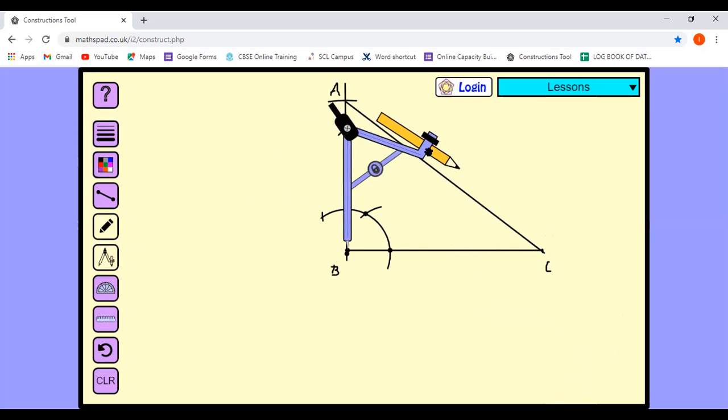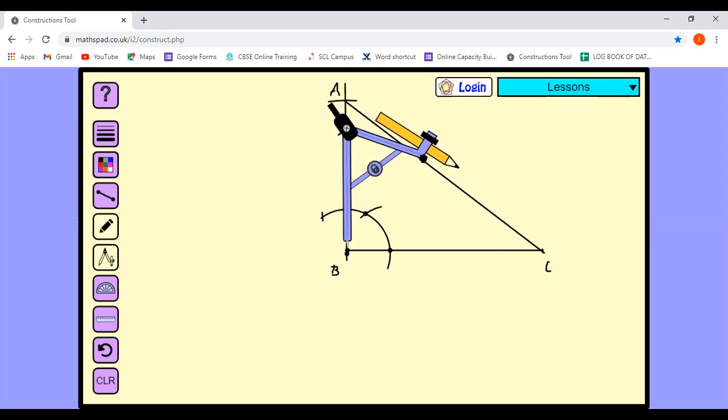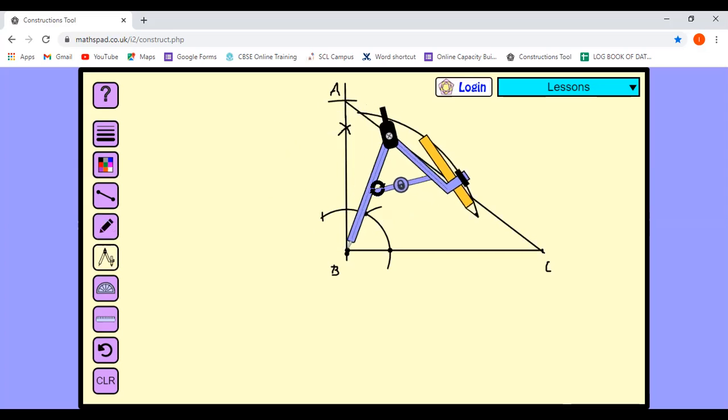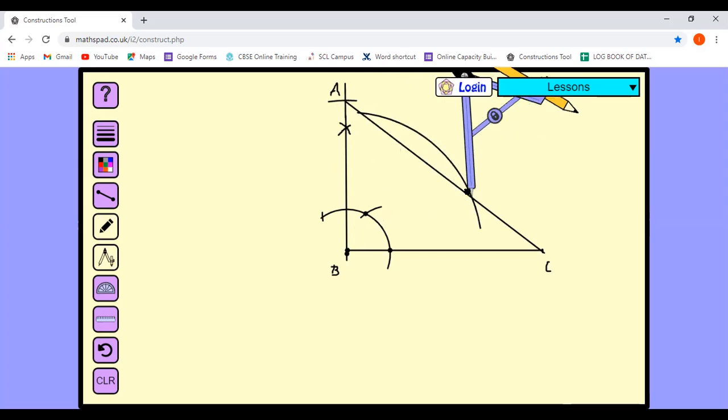If you're taking like this, we'll draw an arc in such a way that it will cut AC. Take a little bit smaller. I don't want very big one. Okay, I think this will do for me. So this way, I'm going to cut the arc. With the same radius itself, we can cut the previous one.